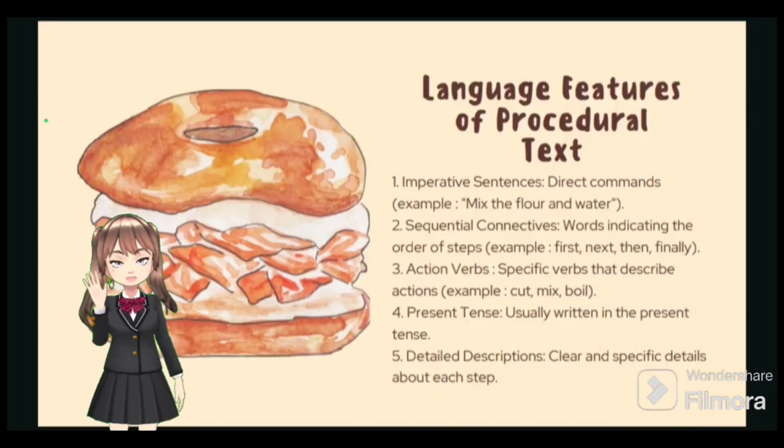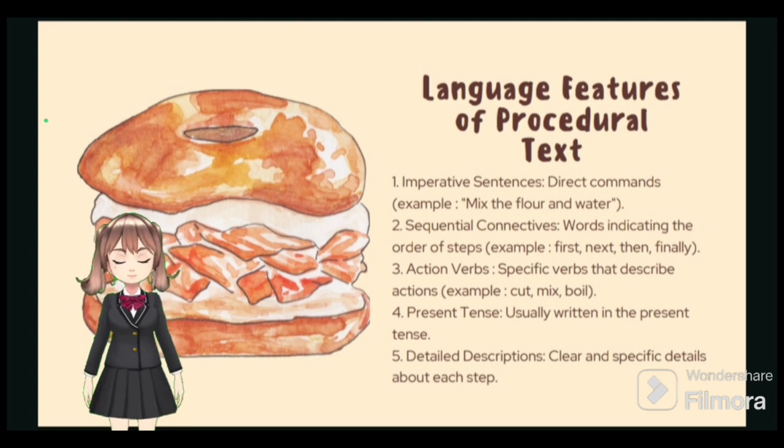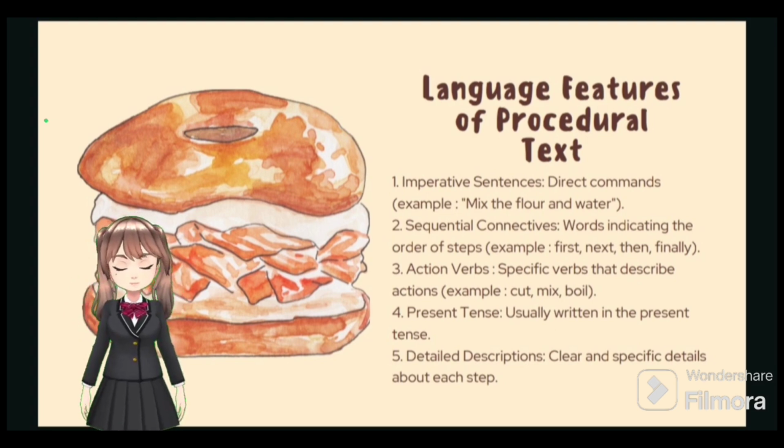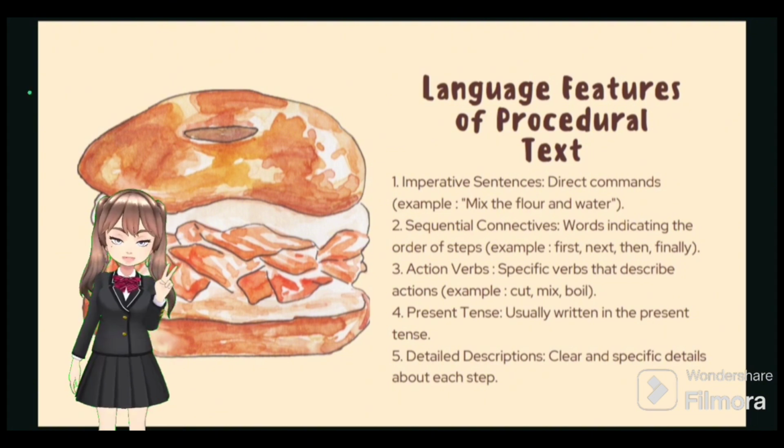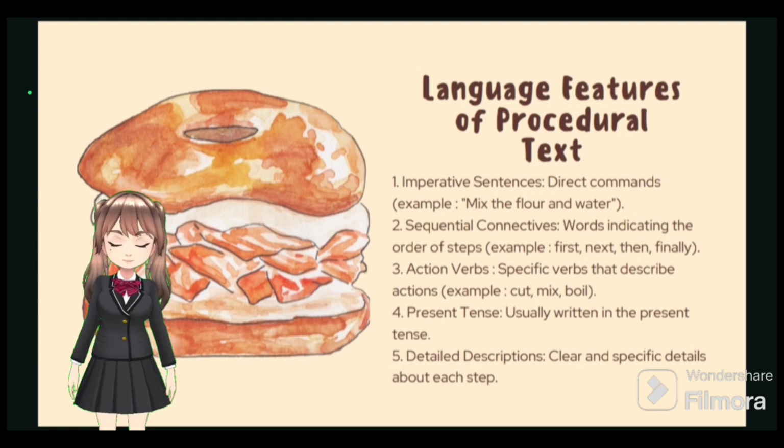Language features of procedural text. The first, imperative sentences, direct commands, for example, mix the flour and water. Secondly, sequential connectives, words indicating the order of steps, for example, first, next, then, finally.